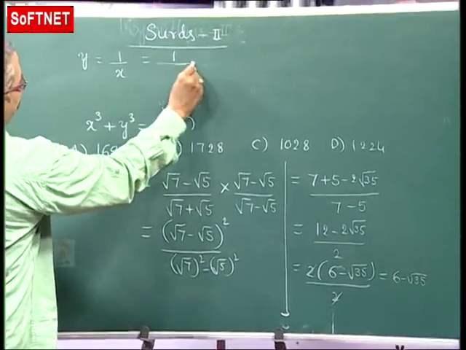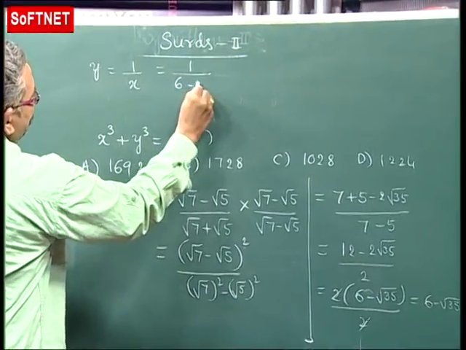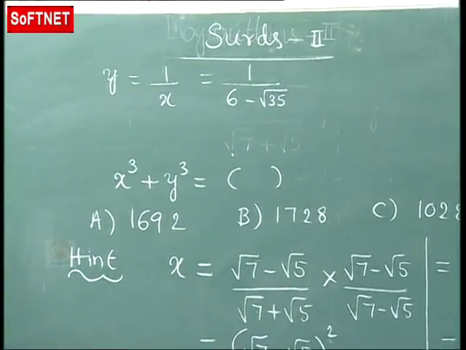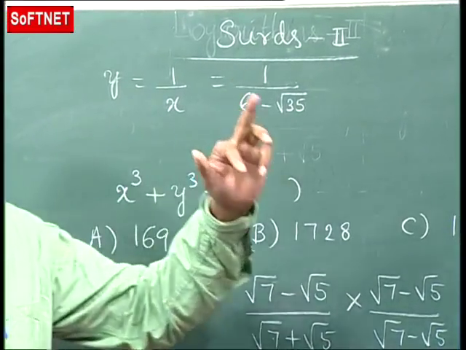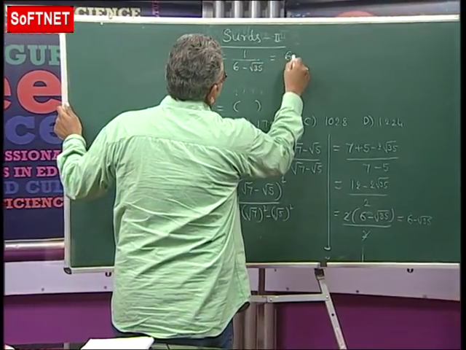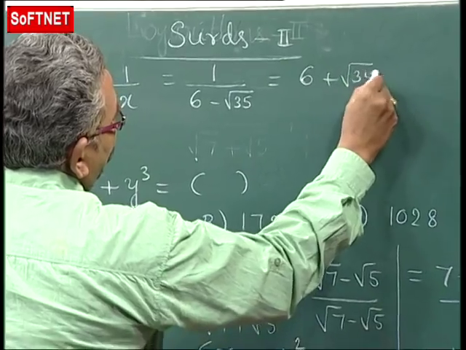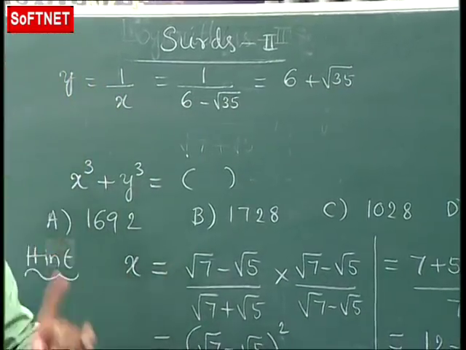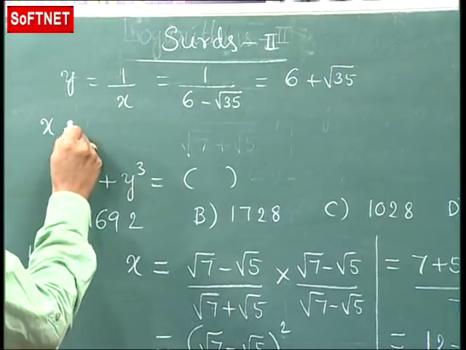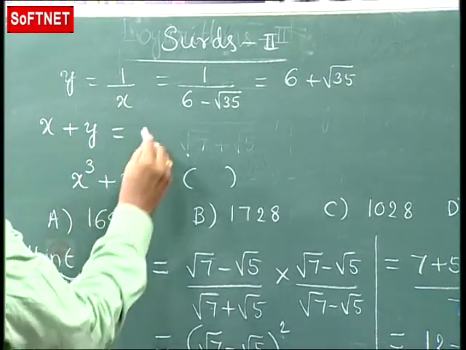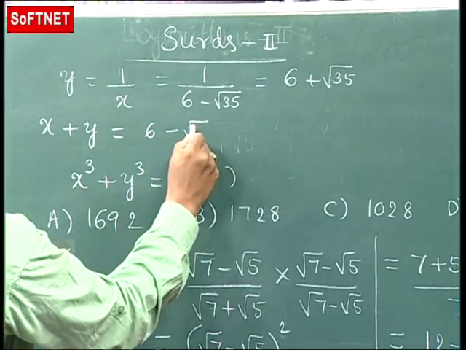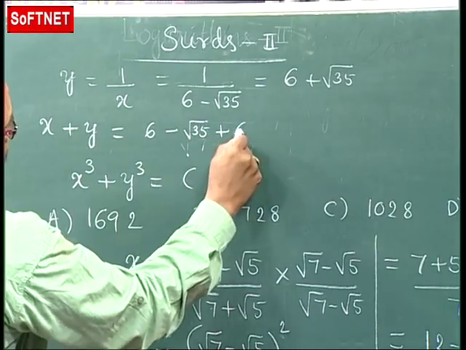That is very clear, 1 by 6 minus root 35. If you rationalize with 6 plus root 35, you get 6 plus root 35 upon 36 minus 35, which is 1 only, so 6 plus root 35. So first find x plus y, that is x is 6 minus root 35, y is 6 plus root 35.